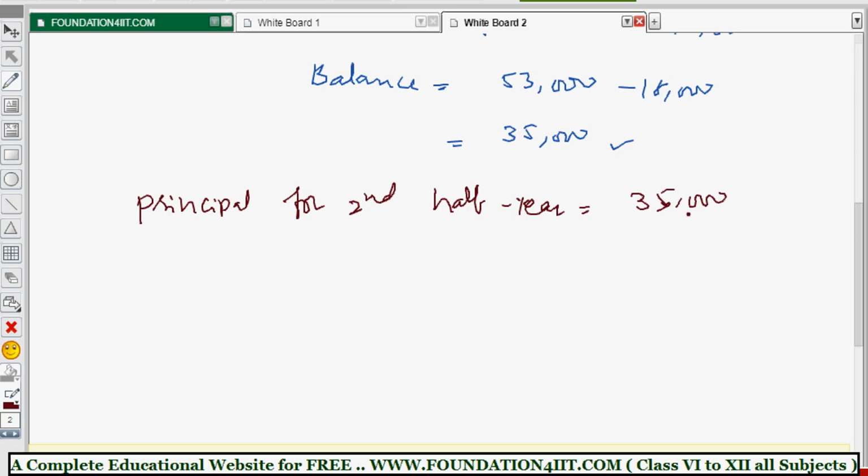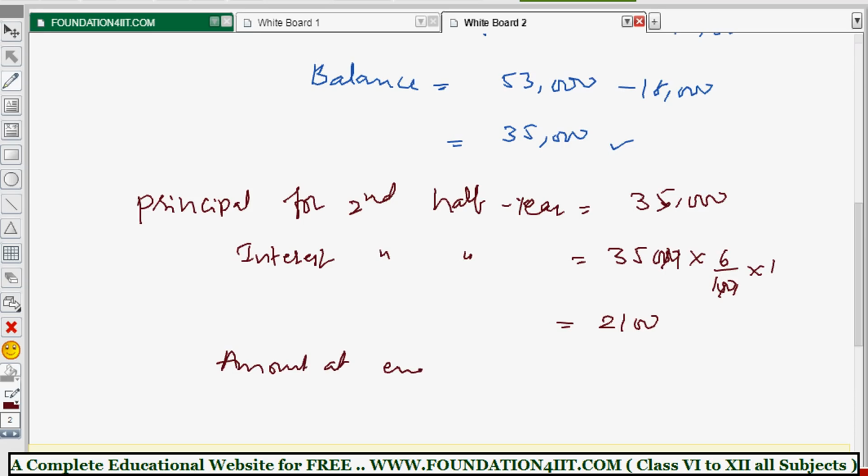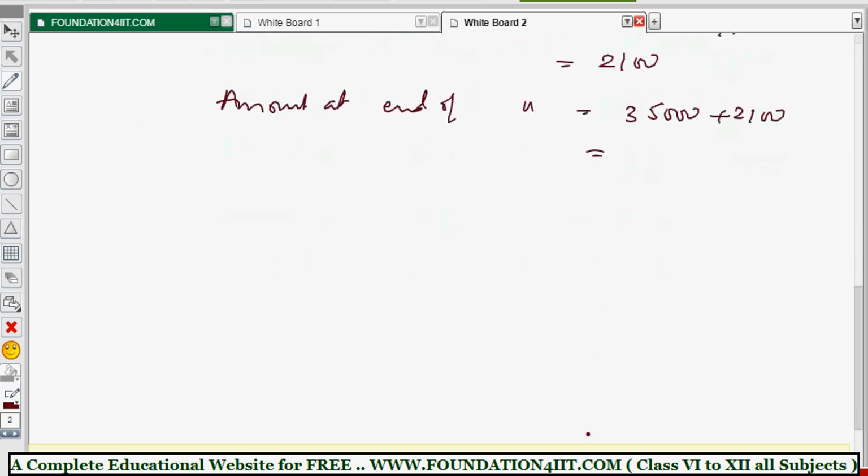Interest for the second half year: 35,000 into 6 by 100 into 1. Just calculate this, 2 zeros cancel, 350 into 6, 2,100. Then amount at the end of the second half year is 35,000 plus 2,100. 37,100 will come in total.